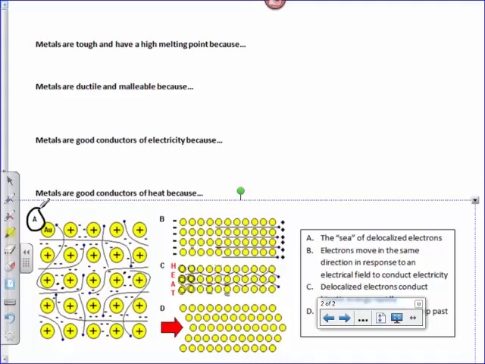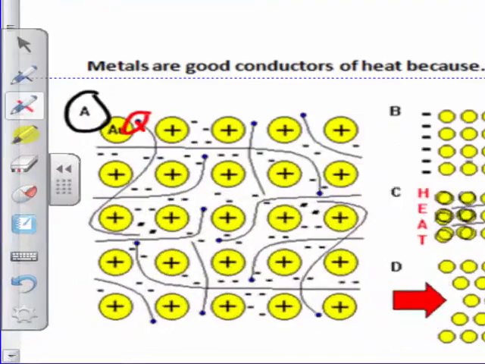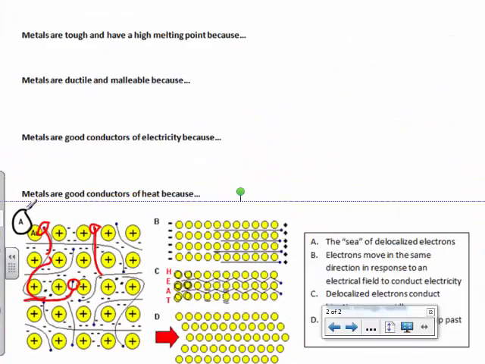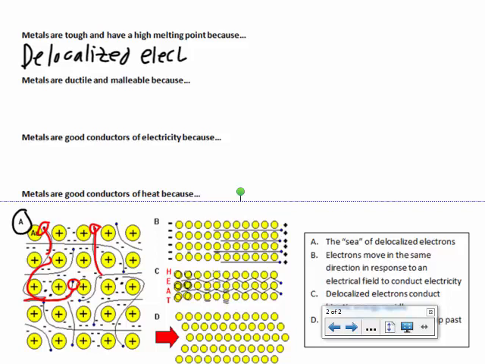If you take a look at this little guy right here, these are supposed to be gold nuclei. This atom has become delocalized to way down here. This atom, for that proton, has been delocalized way down here. So these can move wherever they want. So they have a high melting point and boiling point because the delocalized electrons act as a glue.